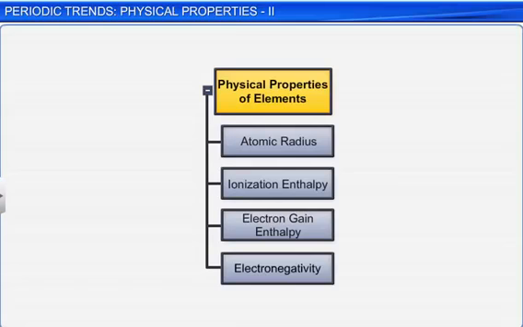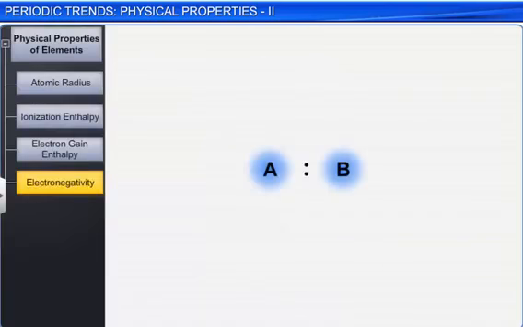Another physical property of elements in the periodic table, usually confused with electron gain enthalpy, is electronegativity. It is the ability of an atom in a chemical compound to attract the shared pair of electrons towards itself.